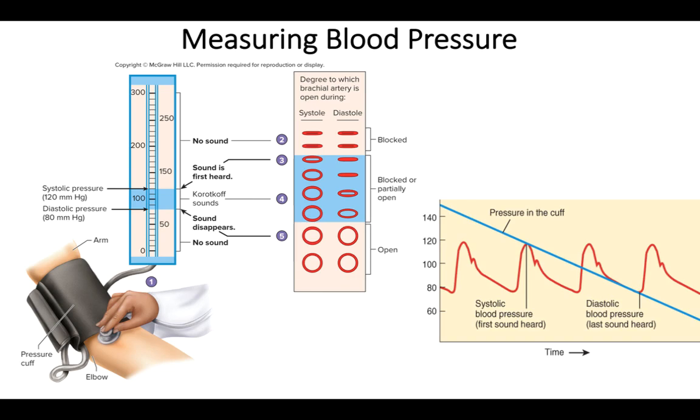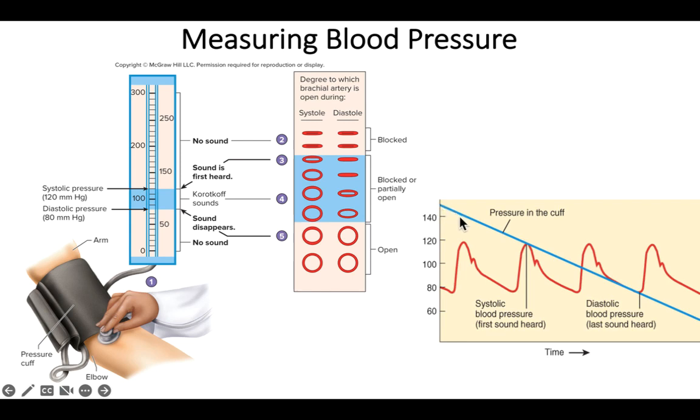This is a graph representation of this. So the red line represents blood pressure. Here's systolic blood pressure, the highest pressure. Here's diastolic. The blue line is the pressure in the cuff. So you've pumped the pressure up to say 150 or so.